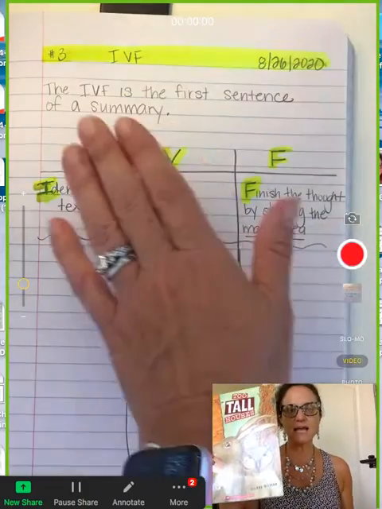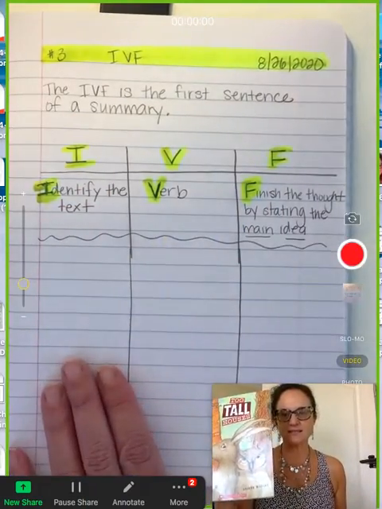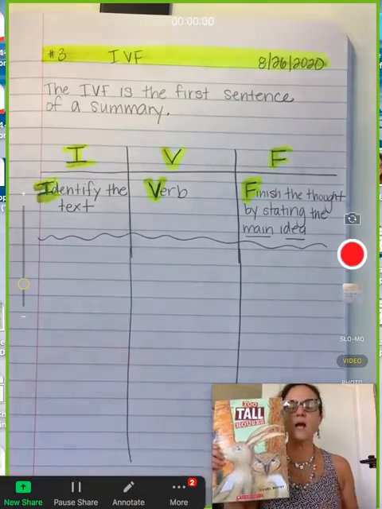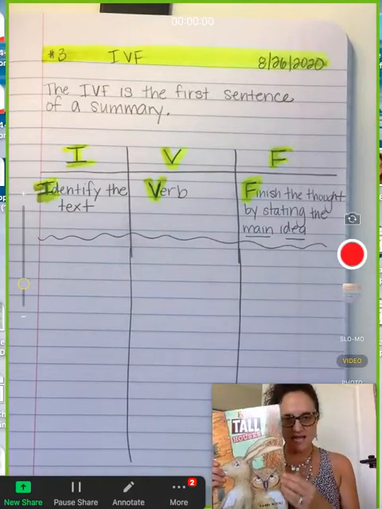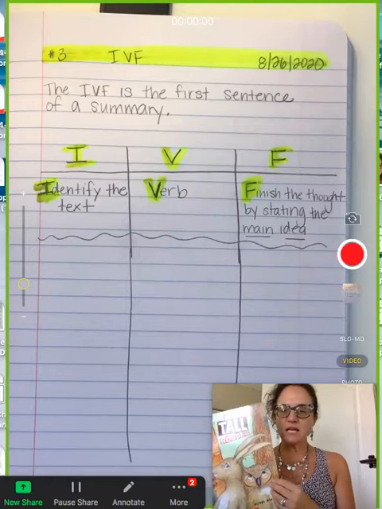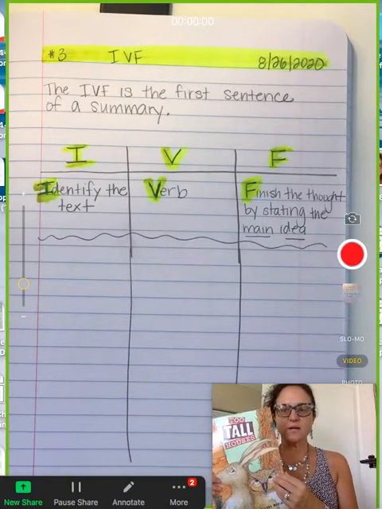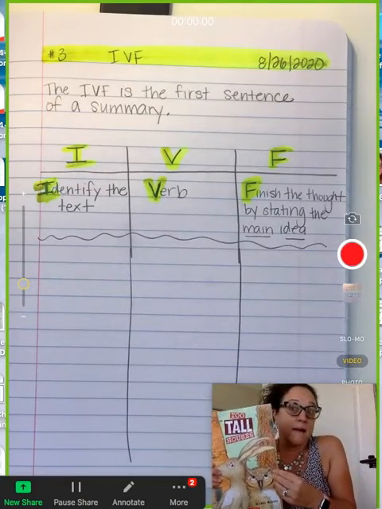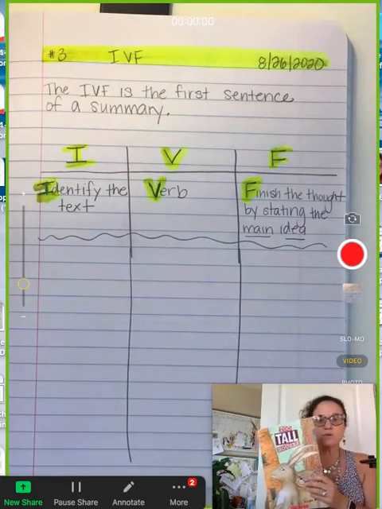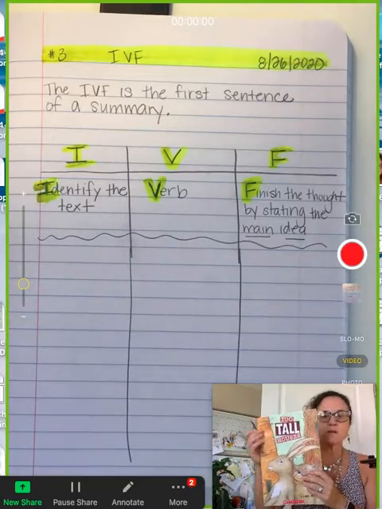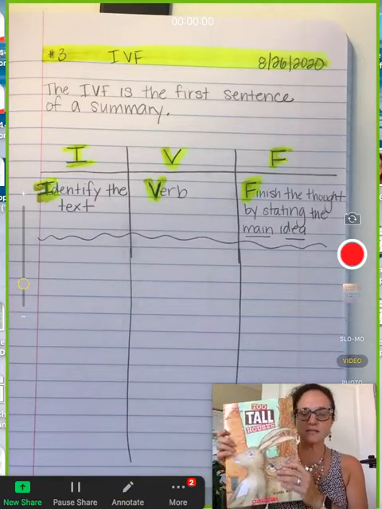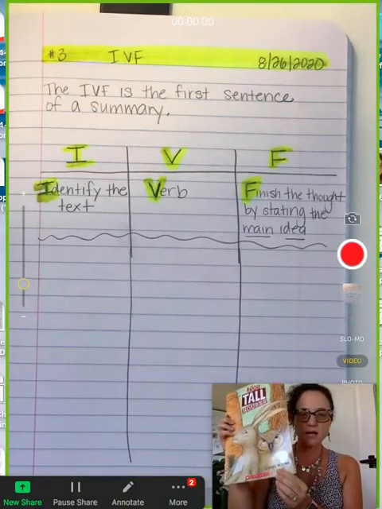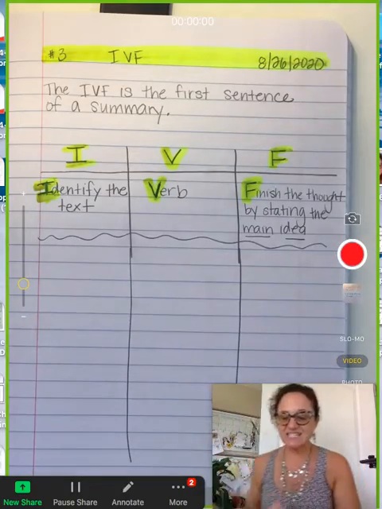Okay, that is going to be our identify the text section. So we also could say that it's a book, because in 4th grade we're going to read lots of things. We're going to read books, we're going to read articles, you might even read a magazine.